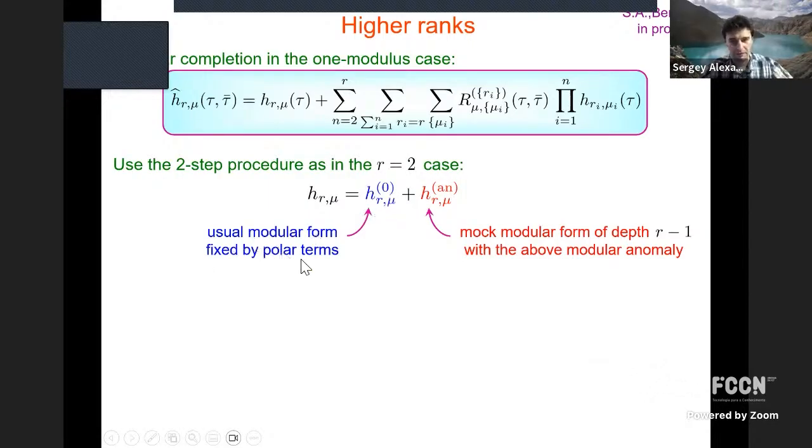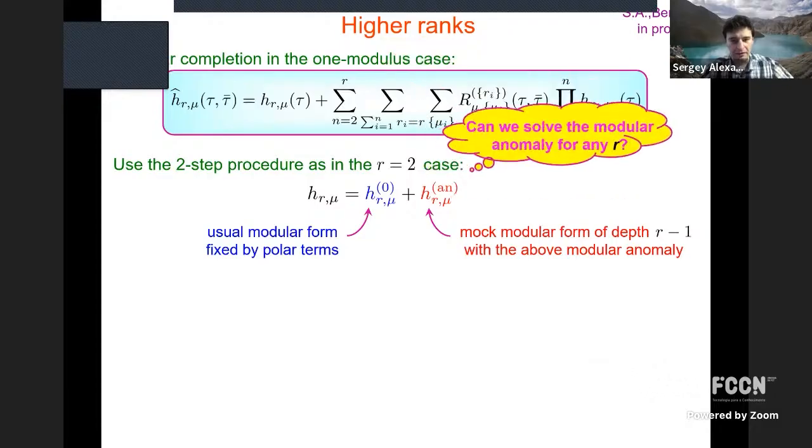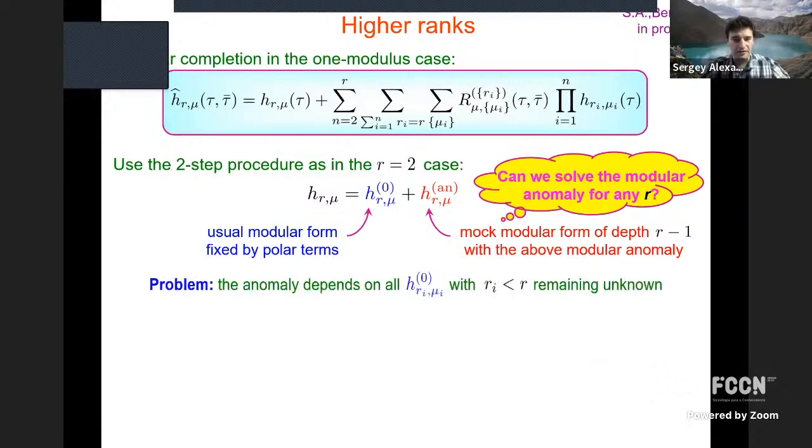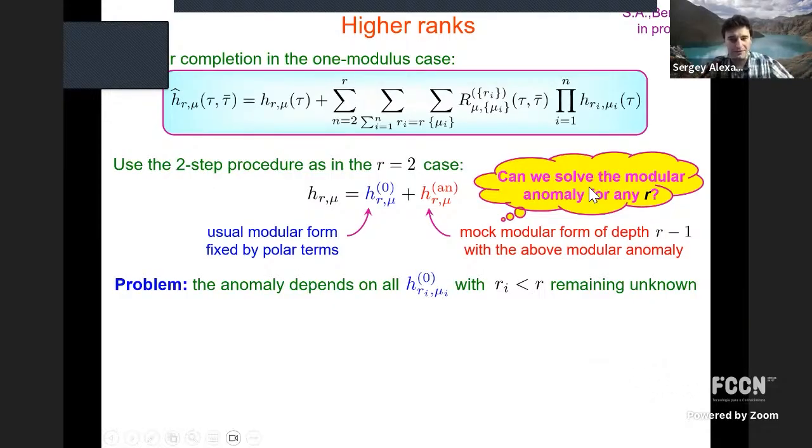So the same strategy. But you see that computing the polar terms is hard, so we don't want to do this at this point, but still we can ask, can we solve the modular anomaly for arbitrary charge? It is this question which we addressed with my PhD student Khalil Bendriss recently. Immediately you can discover that you have a problem if you formulate the problem like this.